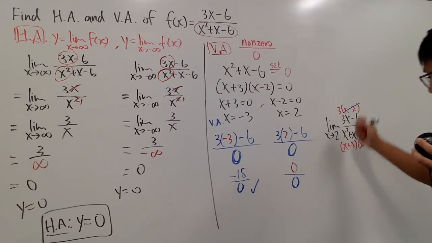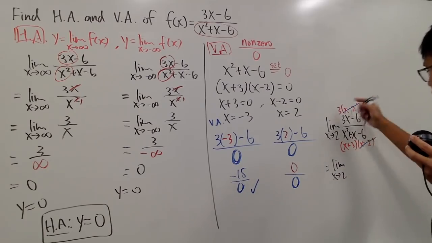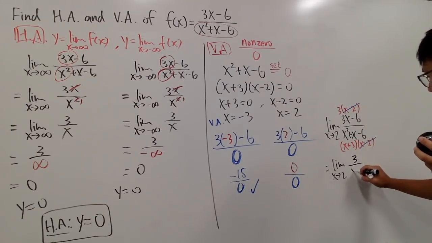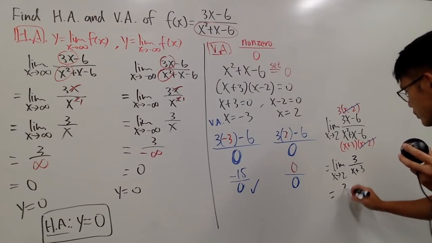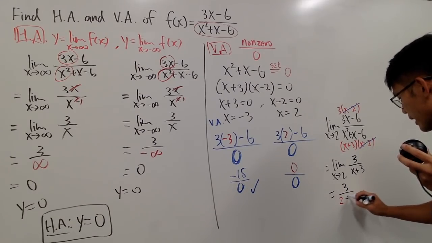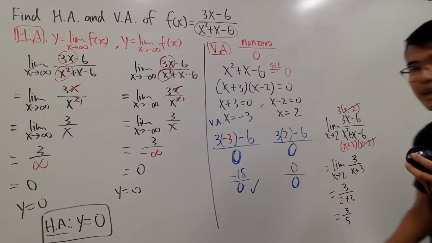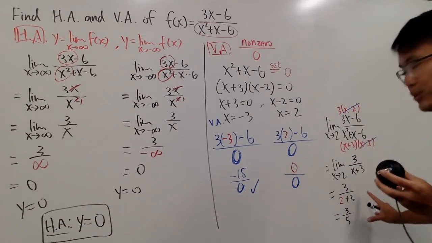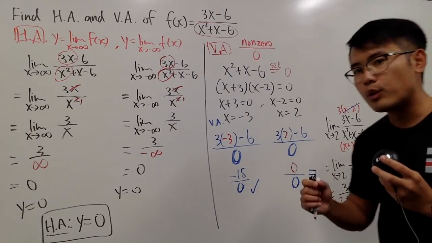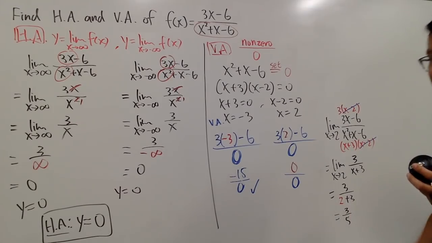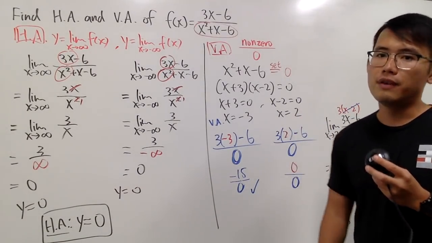And then from here, you get the limit as x approaching 2 of 3 over x plus 3. And plugging in 2 now, you get 3 over 2 plus 3, namely 3 over 5. This tells you when x is approaching 2, the y value is approaching 3 over 5. And when x is exactly 2, the function is actually undefined.